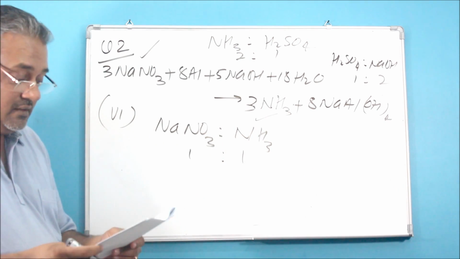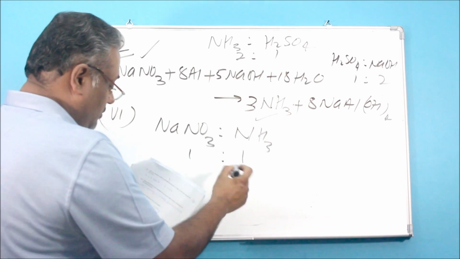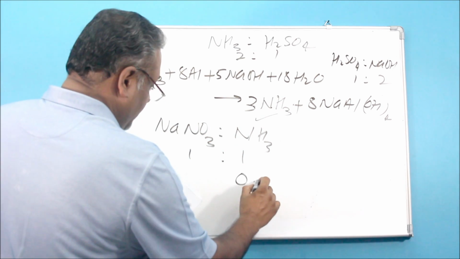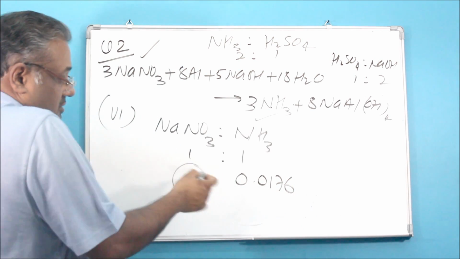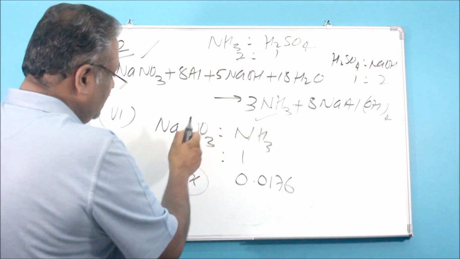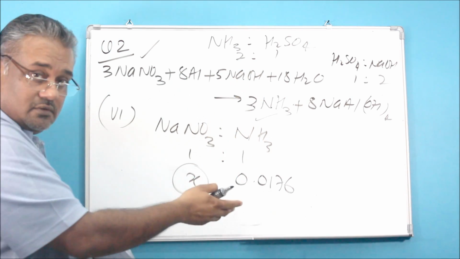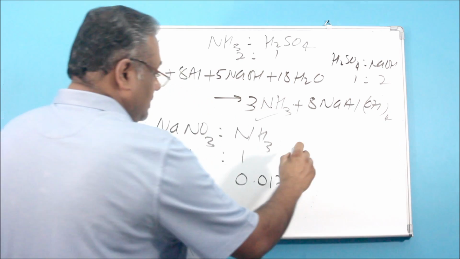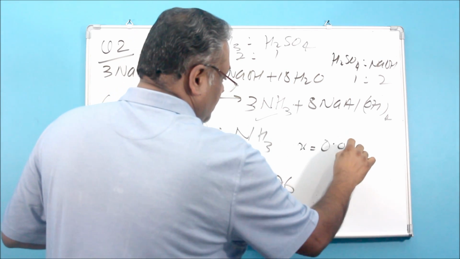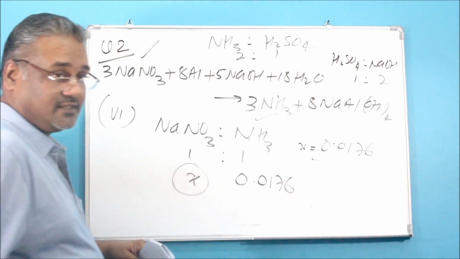It doesn't matter. Which means I have the moles of ammonia from the previous question, which is 0.0176, which means X also will have the same value. So the moles of NaNO3 will be equal to moles of ammonia because this ratio is the same. So that's why this answer also is 0.0176.